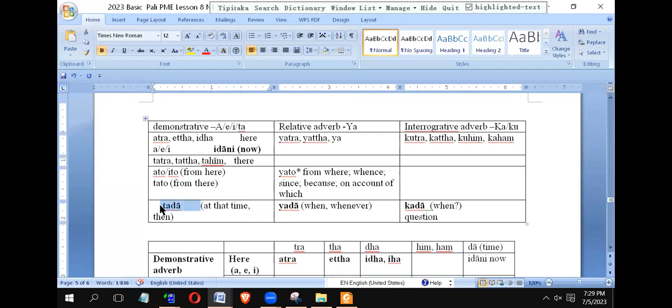Now, tada, you can put at the demonstrative also, at that time. And today we have another one, yada. It also relates to a verb, whenever, when or whenever. If you start with the K, like kutra, kata, kuhim, kaham, kada means when, questions.